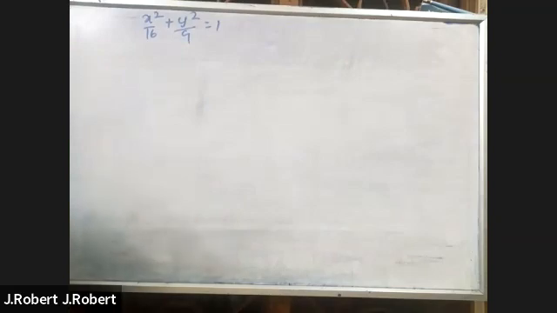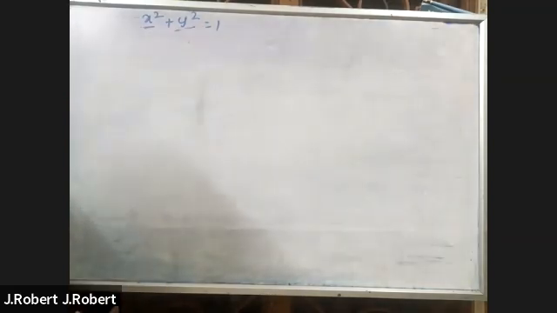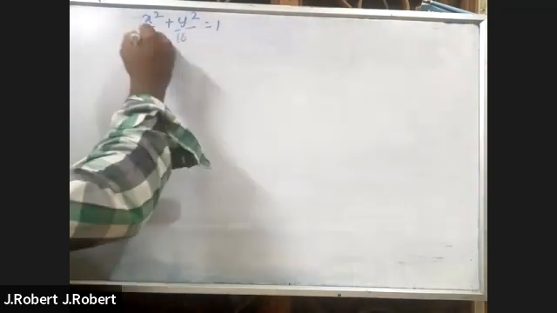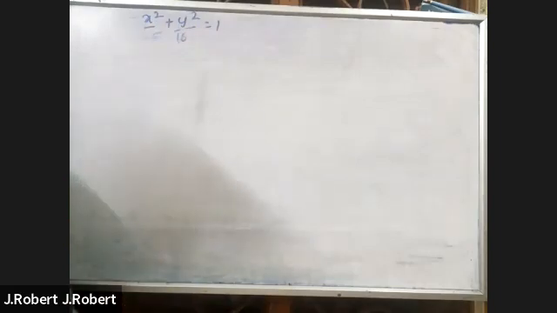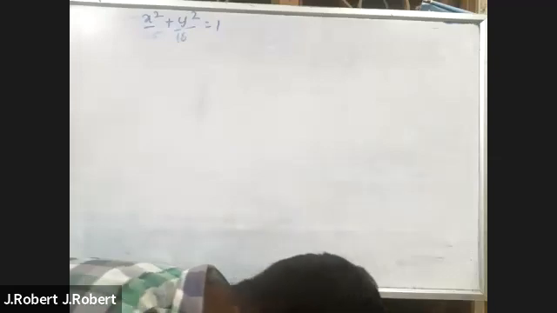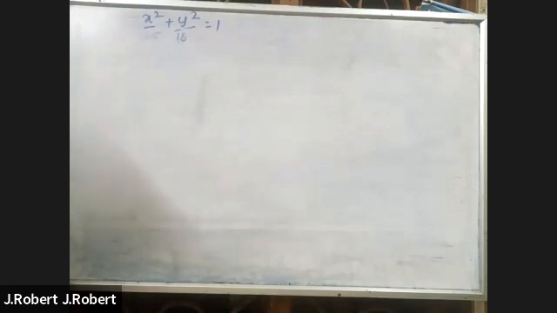Now it's clear, no? Yes, sir. Okay, all right. So a hyperbola passes through the foci of the ellipse x square by 25 plus y square by 16, and its transverse and conjugate axis coincide with major and minor axis of the ellipse respectively.